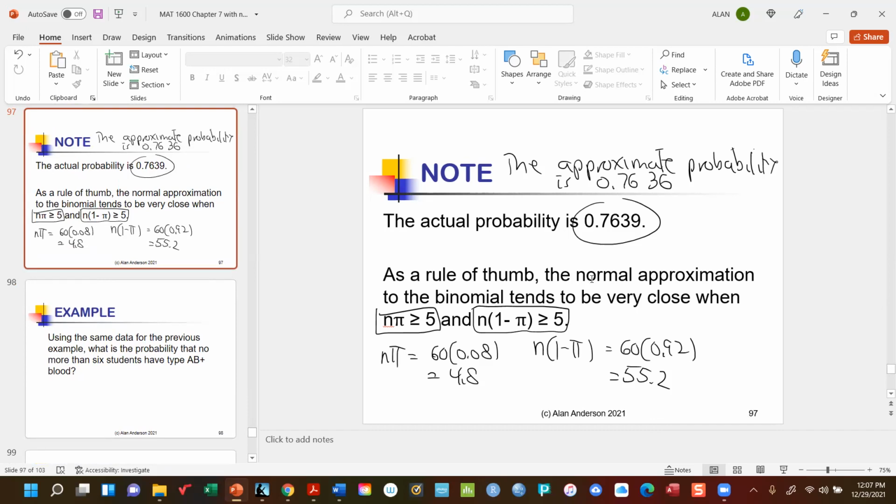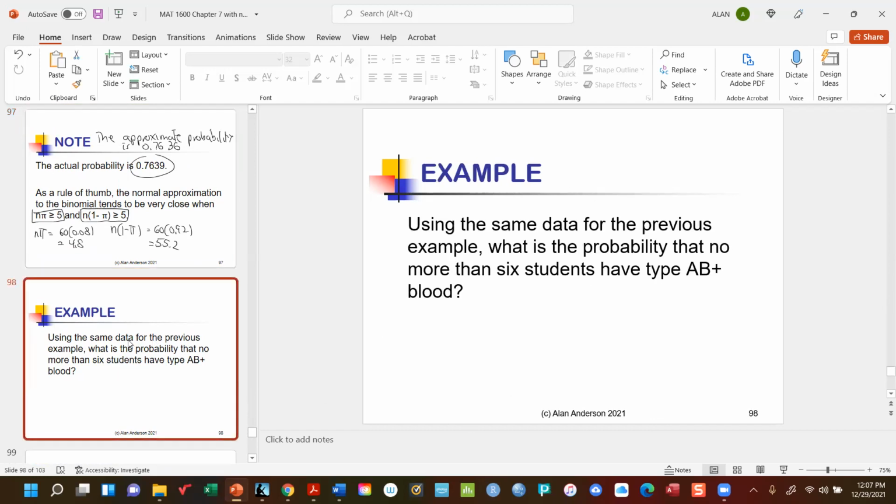Now, what about a case like this? The number of students with AB positive is no more than 6 or less. Instead of an in-between probability, we're looking at less than or equal to.